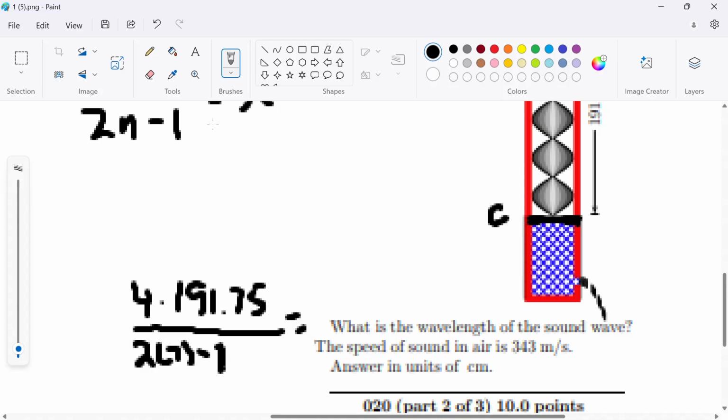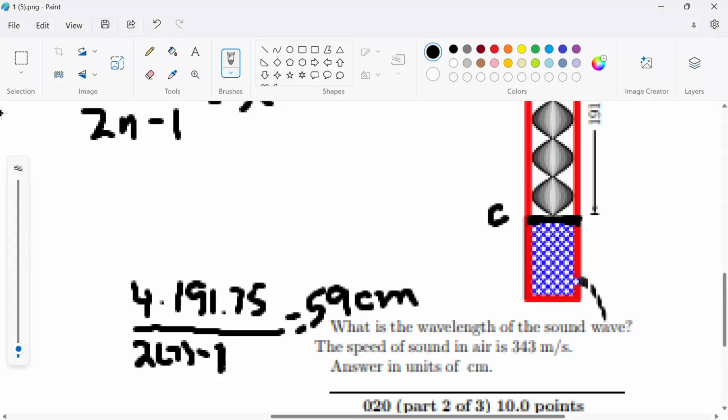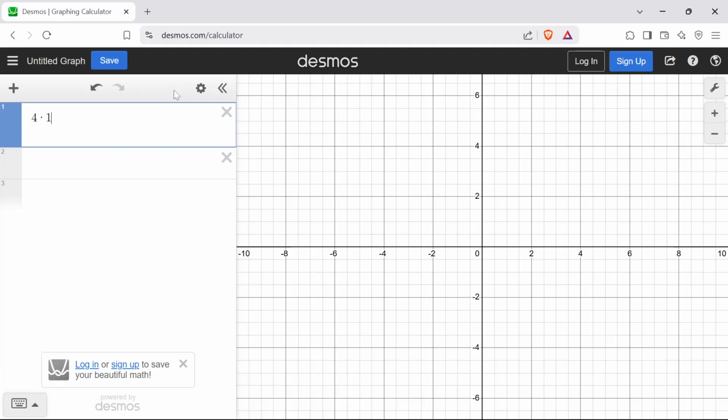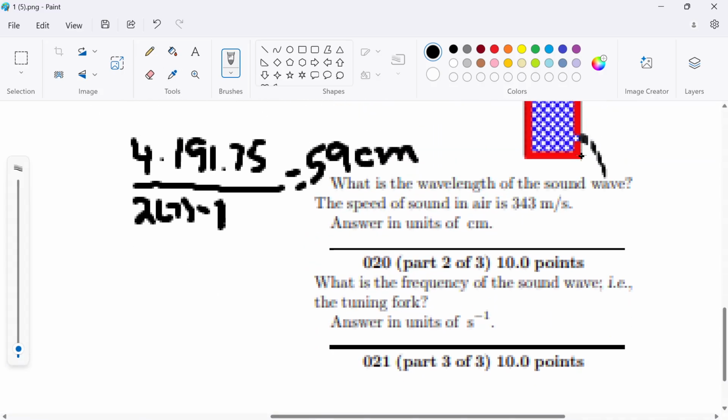And that comes out to 59 centimeters. I'll show you that on Desmos. What was it again? 4 times 191.75 divided by 13. 2 times 7 is 14, minus 1 is 13. 59 centimeters. So I've got the first part. That is question 19. Question 20 is part 2.